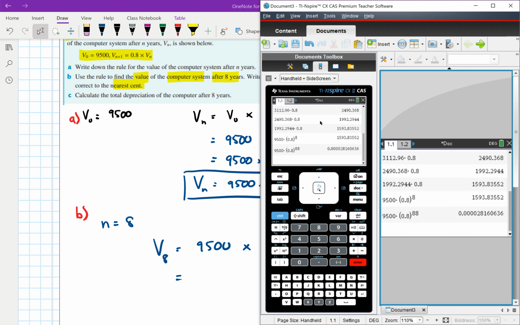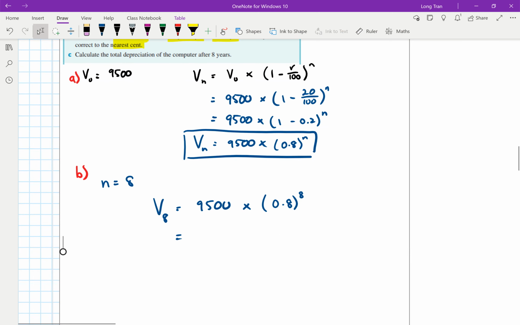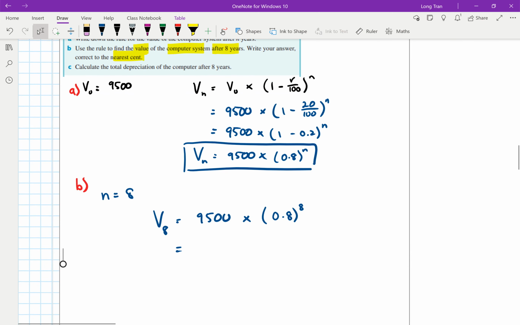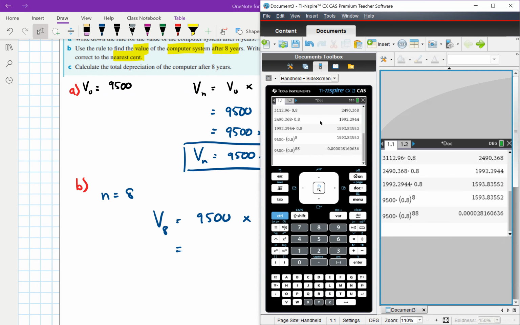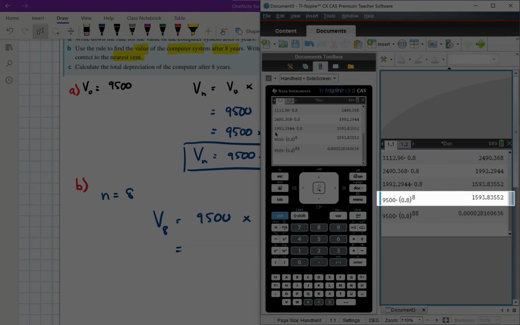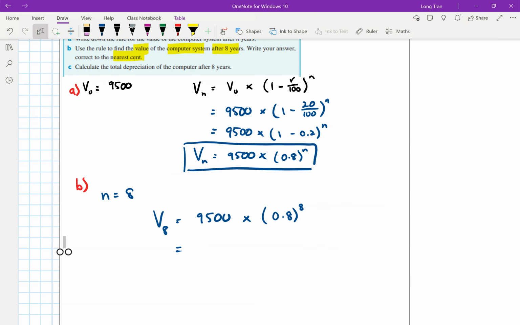Okay, so you can do it with a formula, and that's what these questions are doing. They're just getting you to use the formula, but determine, is it appreciating or is it depreciating? There's only technically one formula. Okay, so here we go. I've answered my question here. The value now becomes, to the nearest cent, which I'll just copy paste this section, $1,593.